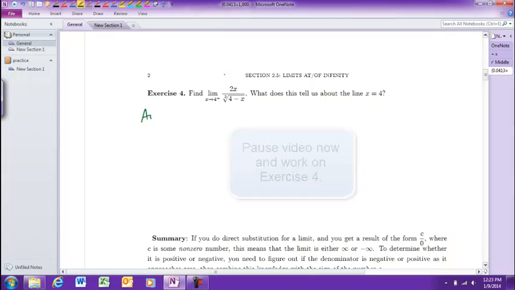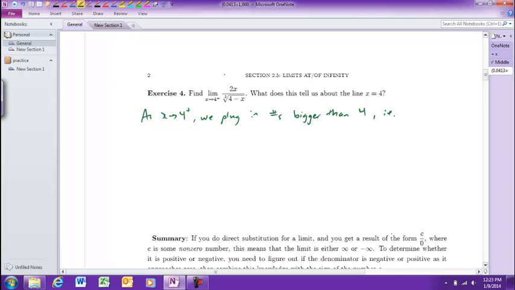So as x approaches 4 from the right, we plug in numbers slightly bigger than 4. So we're thinking about numbers like 4.1, 4.01, etc. And when you plug in something slightly bigger than 4, suppose you do 4 minus 4.1, for example, that's going to be less than 0.